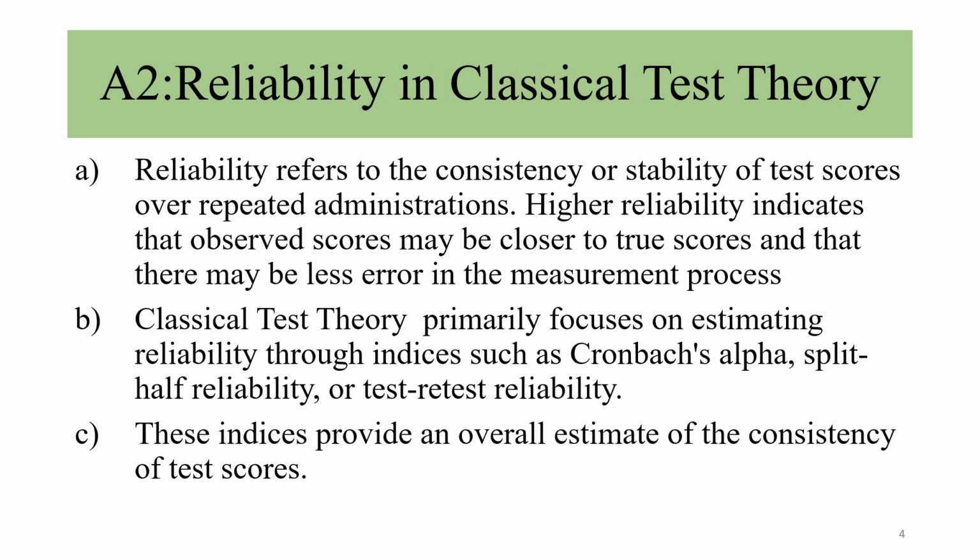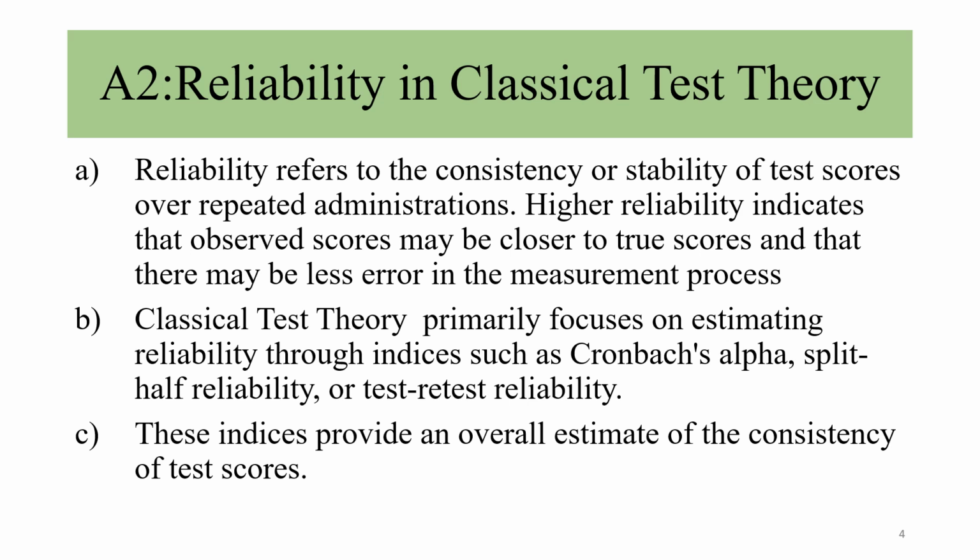Next, A2 is reliability in classical test theory. Reliability refers to consistency or stability of test scores over repeated administrations. It means that if we take two or three readings of the same quantity, they should be the same or very close.